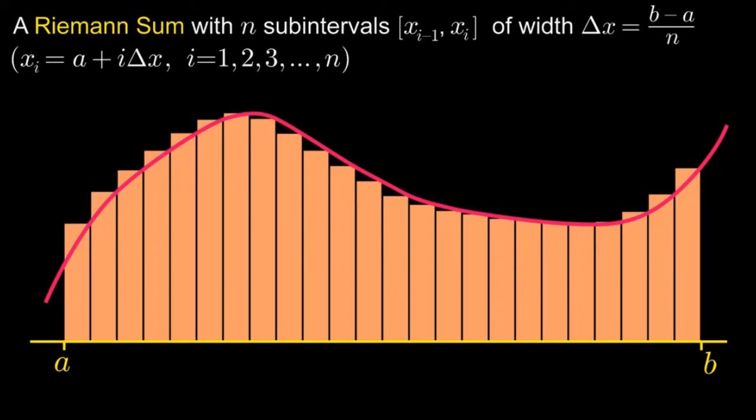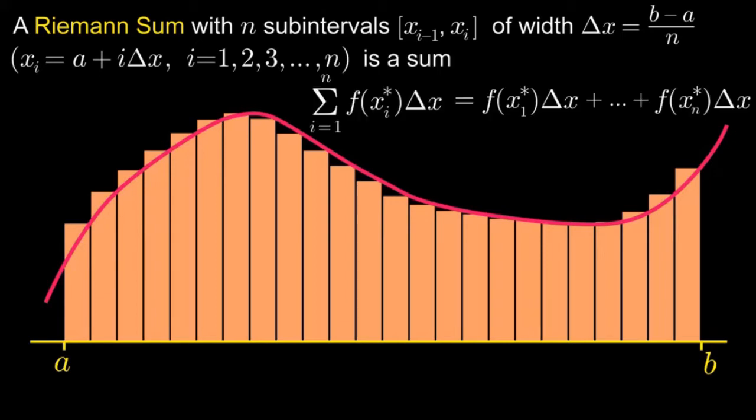Now, my picture looks like a right Riemann sum, but I want to consider a much more general approach, which includes all types of Riemann sums that so far we've considered. All these Riemann sums look like this.